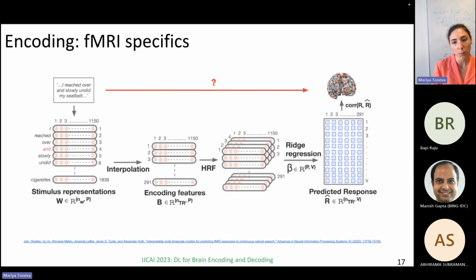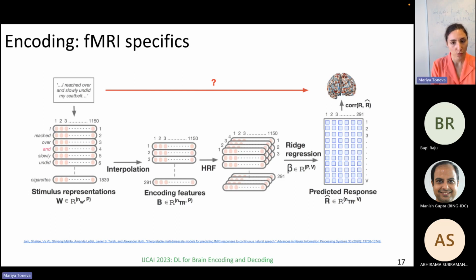So what we can do is we can provide the features to the model as input that correspond to these last 10 to 12 seconds of the stimulus, and then let the encoding model on its own learn the different weights that correspond to how best to predict the brain response. So this is a very data-driven approach, and it's quite common in the more computational methods that build these encoding models.